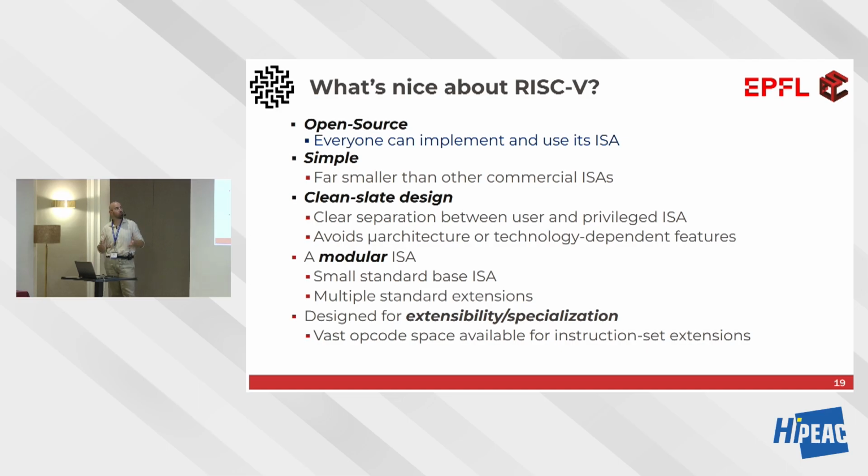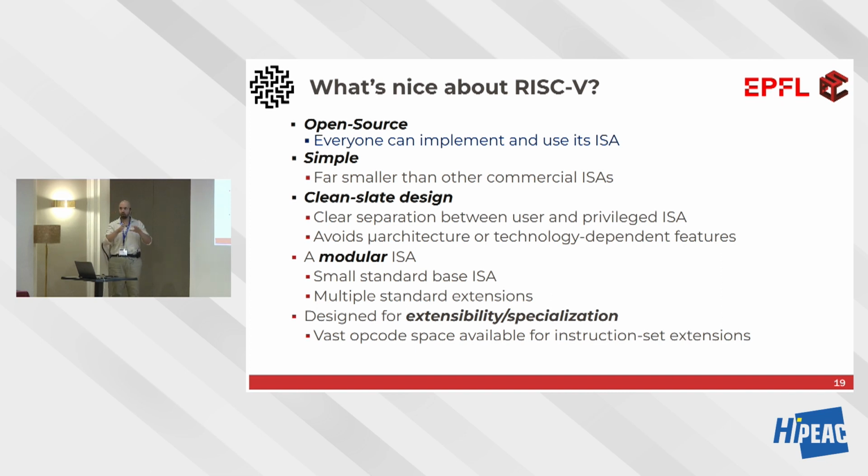So we say that it's open source, it's simple. Simplicity is very important because it translates to the complexity of hardware. It's an ISA that is well defined, simple. You can write efficient hardware, simple hardware. Usually simple hardware is also efficient.